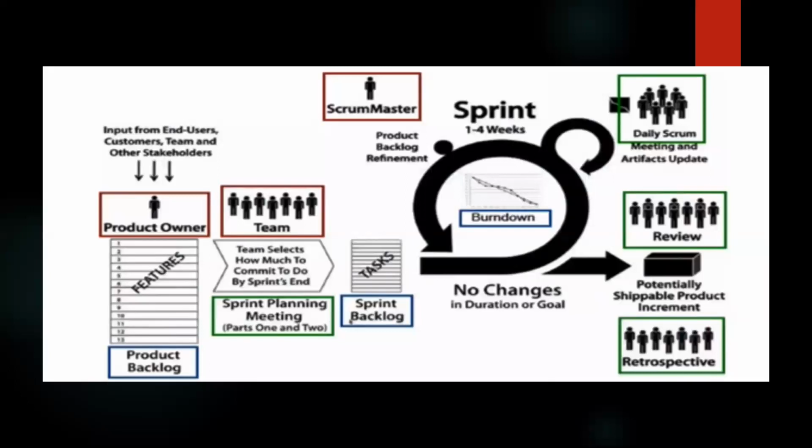And every day they have a meeting of less than 15 minutes and they share three things: what was done since yesterday, what will be done by tomorrow, and impediments or blockages. Once it is done, the product owner, Scrum Master, and other persons who are part of Scrum sit together along with the client.